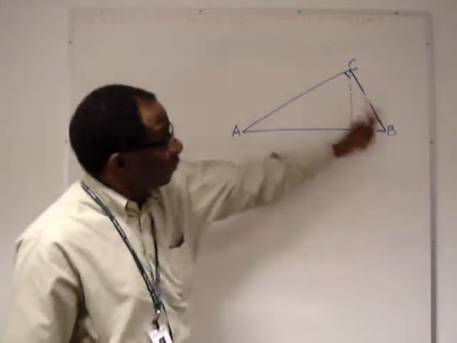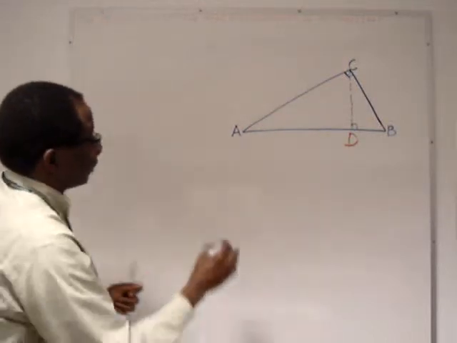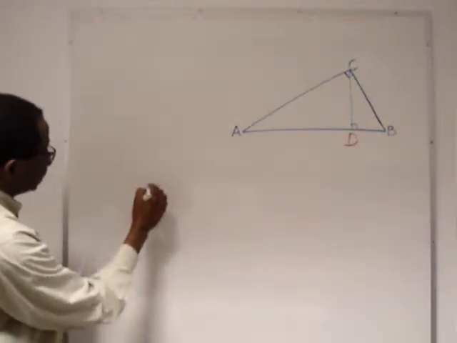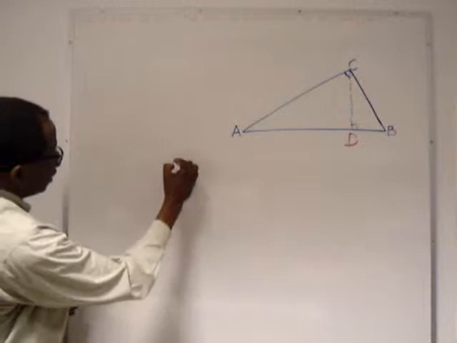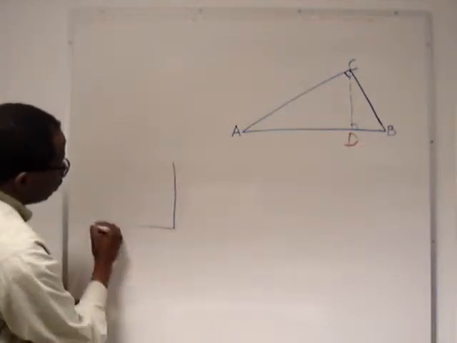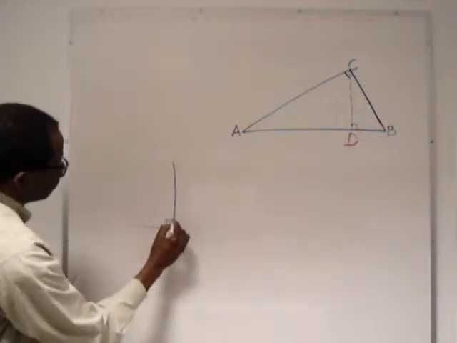So, for the original triangle, let's say we want to draw it so that we keep the right angle here.